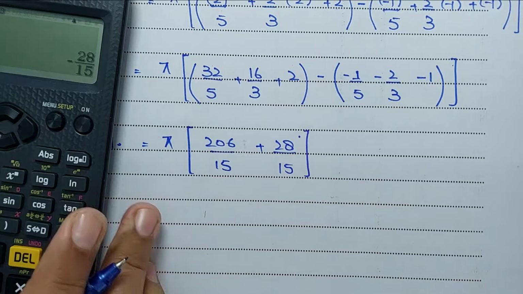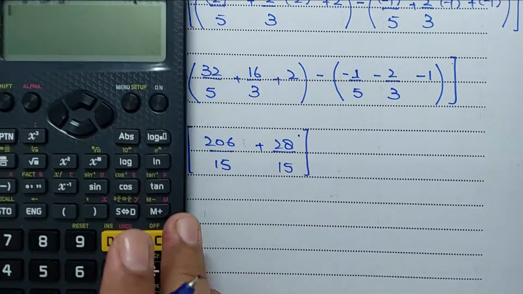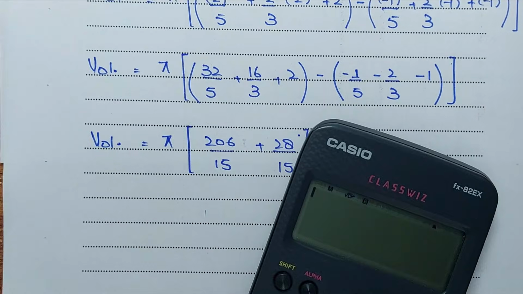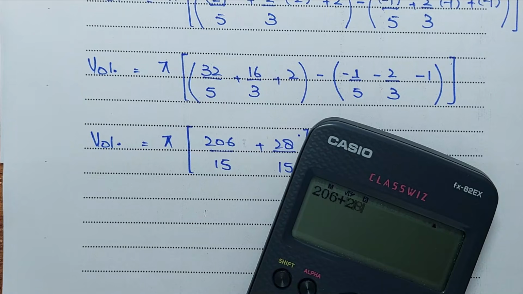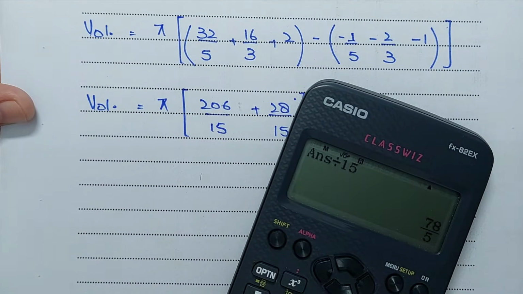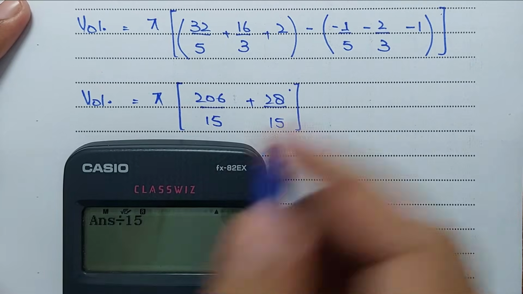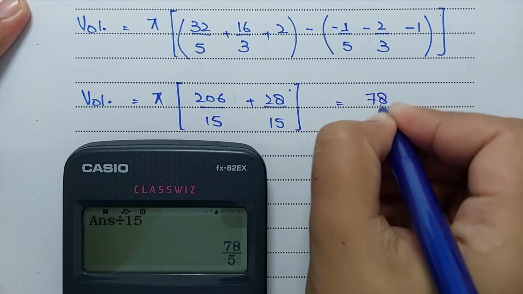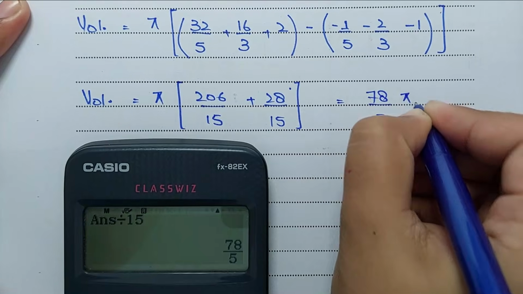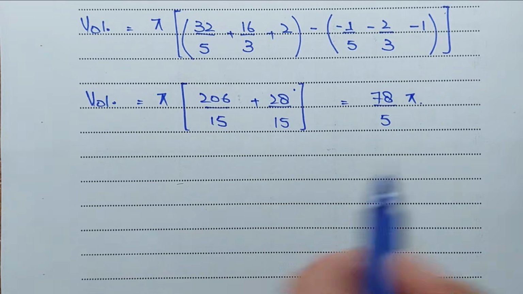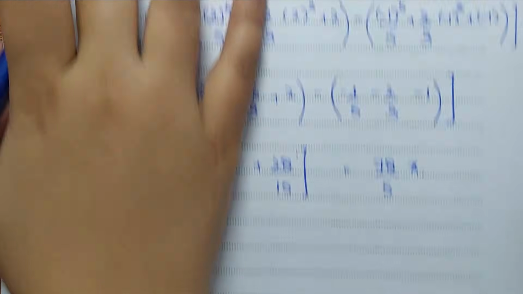So 206 plus 28 divided by 15 is 78 over 5. So this is 78 over 5 pi. All right, so this is the volume of revolution.